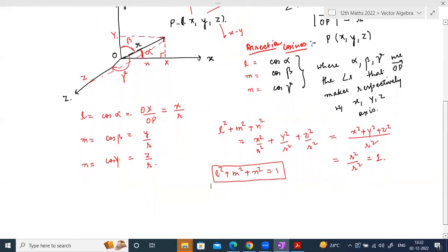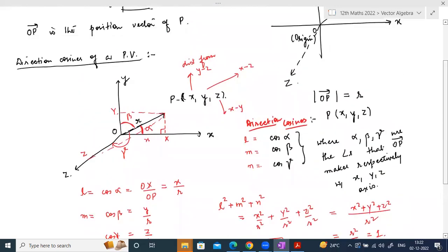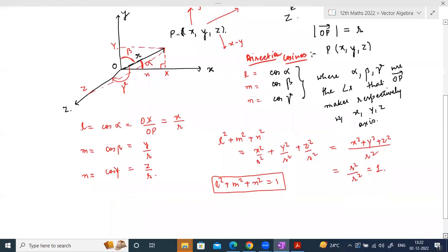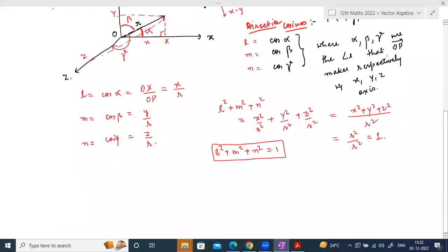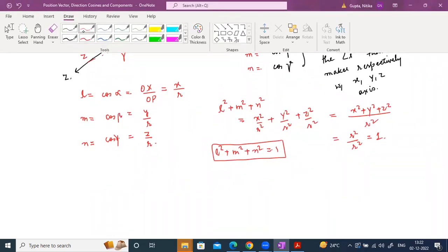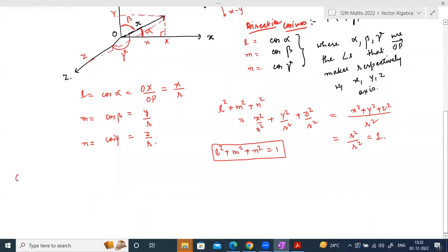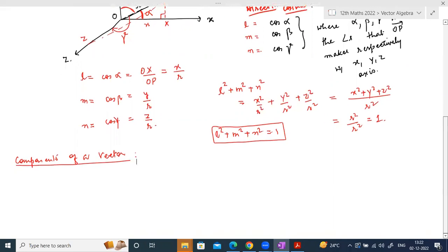Now this is done. Now this also gives you the idea of components of a vector. Look at the same diagram and let's draw the axes again.